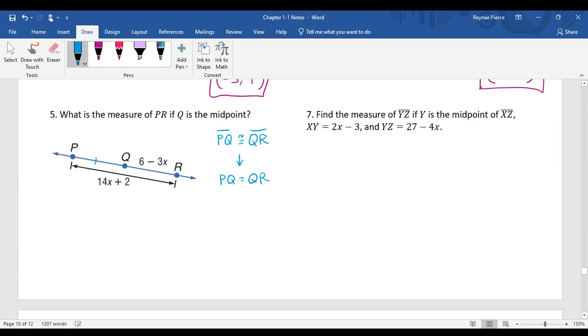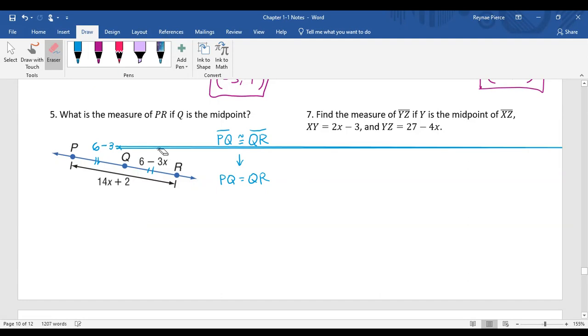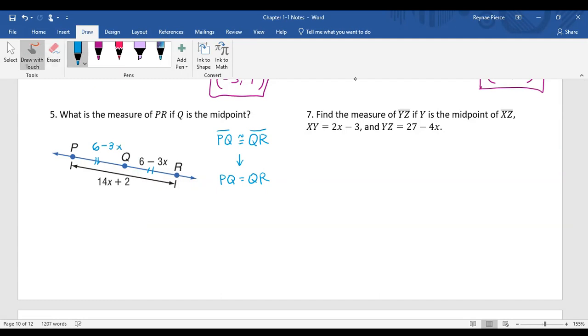And since we know that they're equal, we've got two 6 minus 3x's that we need to put together. Remember segment addition, PQ plus QR equals PR. So the two parts equal the whole.